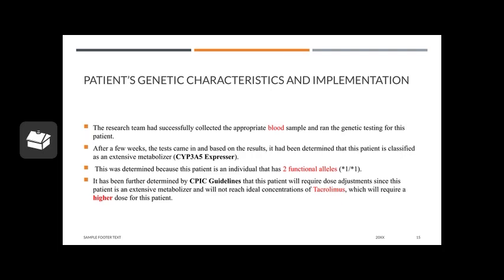This was determined because this patient is an individual that has two functional alleles, star 1. It has been further determined by CPIC guidelines that this patient will require dose adjustments since this patient is an extensive metabolizer and will not reach ideal concentrations of tacrolimus, which will require a higher dose for this patient.